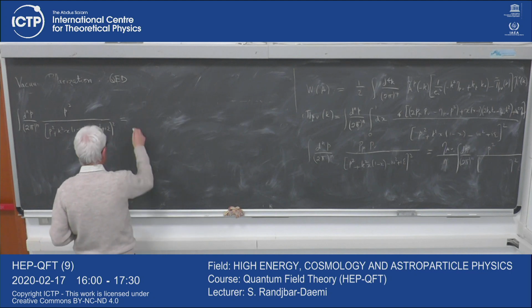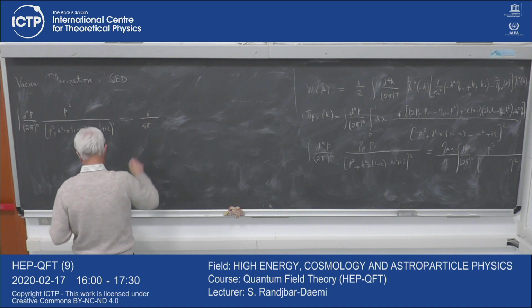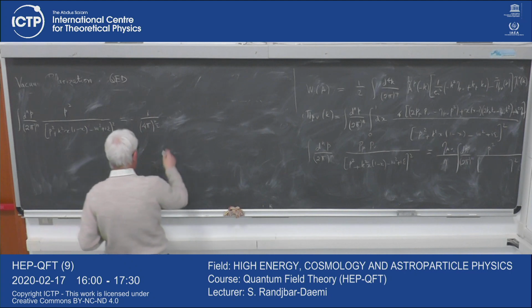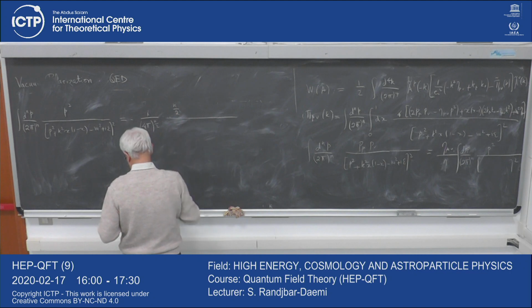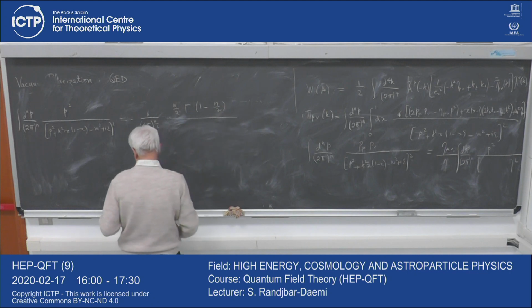This turns out to be minus i over 4 pi to the power n over 2. It's a very good exercise to reproduce these things so that you have some confidence about expressions that you encounter when you use dimensional regularization.